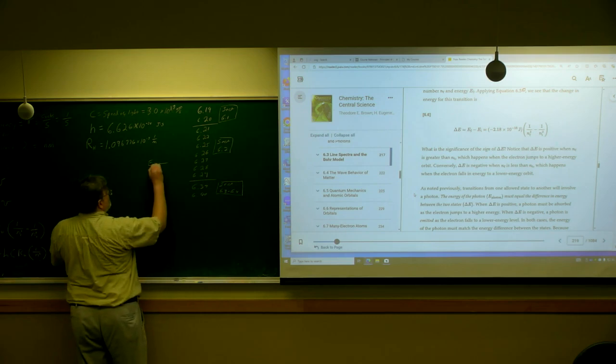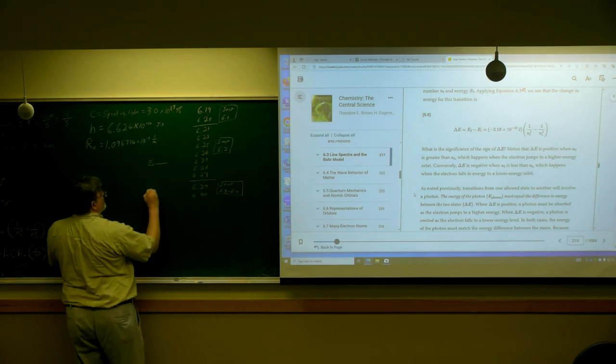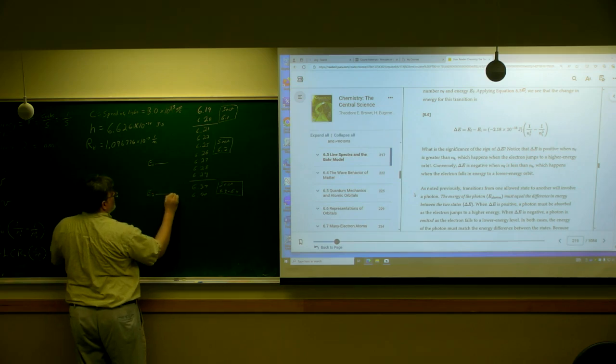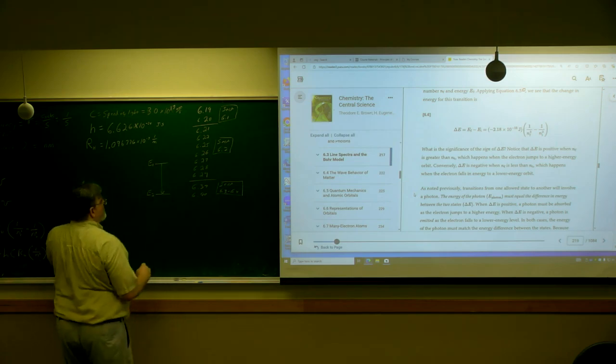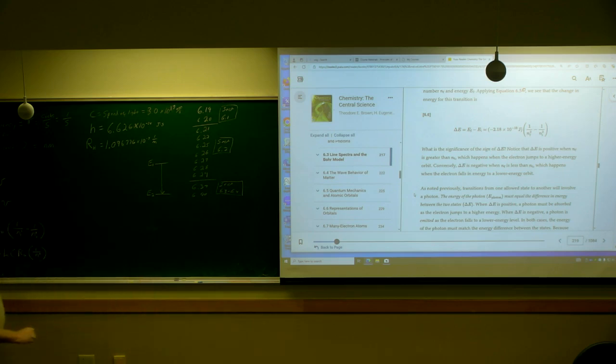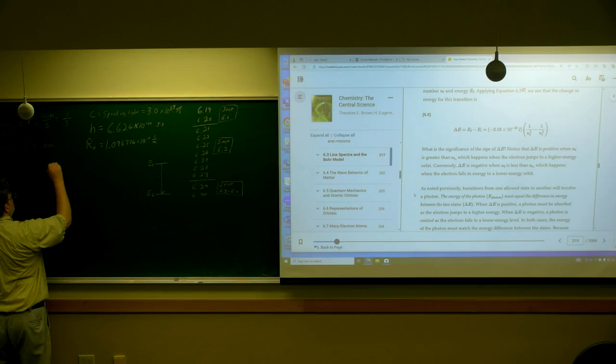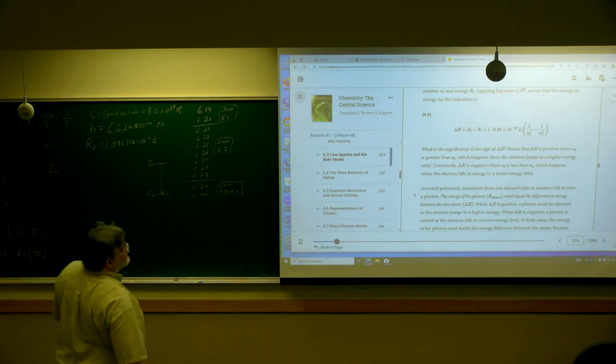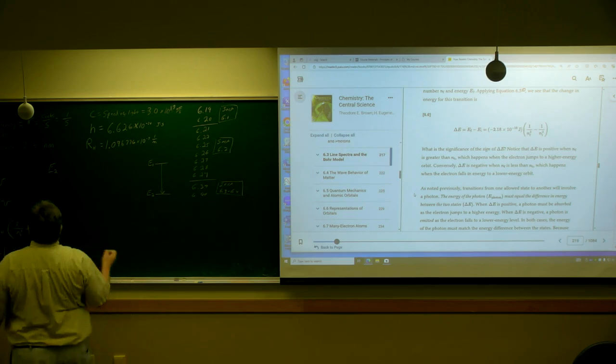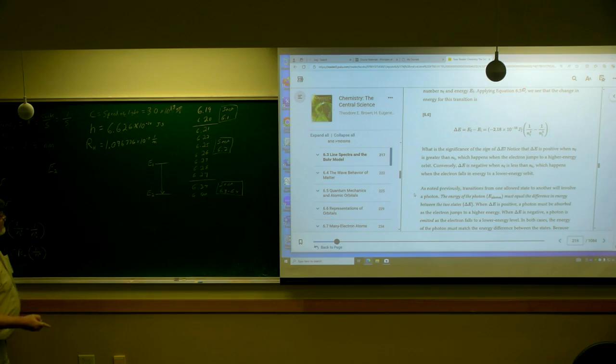And let's just say that's energy 1, and this is energy 2, and you had a transition like that. So you could calculate those two energies and then do a subtraction. But notice, energy of 2. 1 and 2 means initial and final.